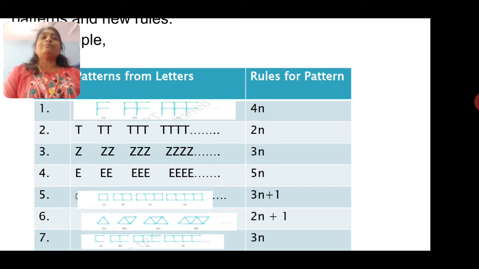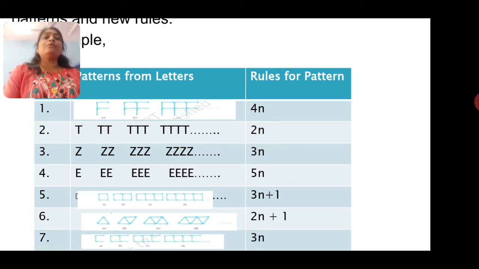Next example, if we take a square, to form the square, the number of matchsticks used is 4. If we want 2 squares, put a square next to the first square such that one side of both squares is common. Therefore, we use 3 matchsticks more.